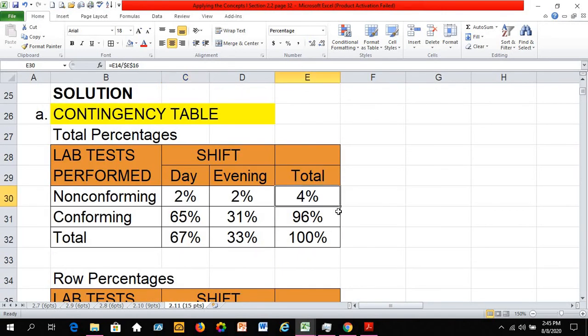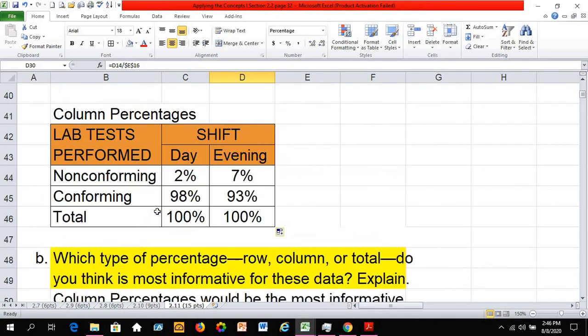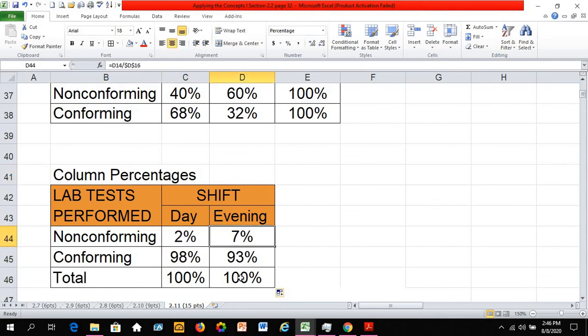Although in total, it's 4%, due to our contingency tables we were able to pinpoint that the 2% non-conforming during the day and the evening is actually different under column percentages. Again, for every 100 laboratory tests, 7 need to be redone during the evening shift, and for day shift, only 2. So the root cause is actually the evening shift.